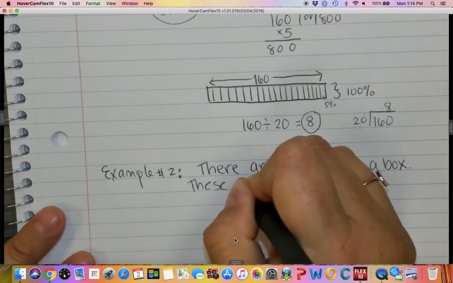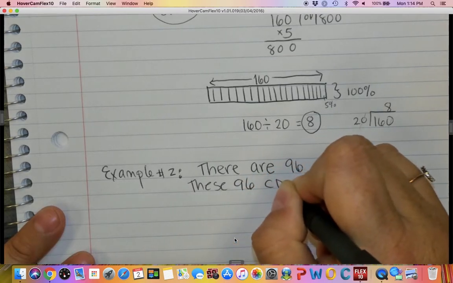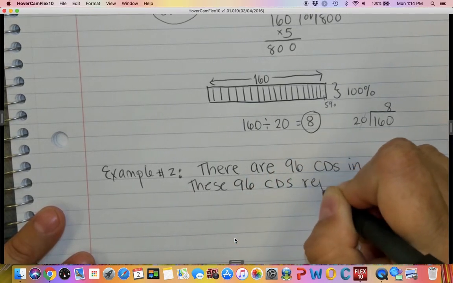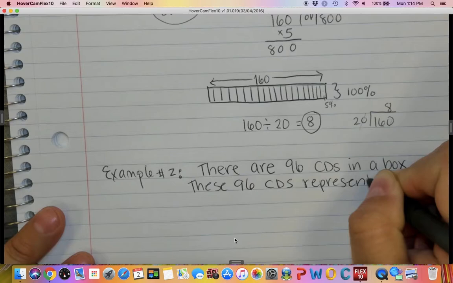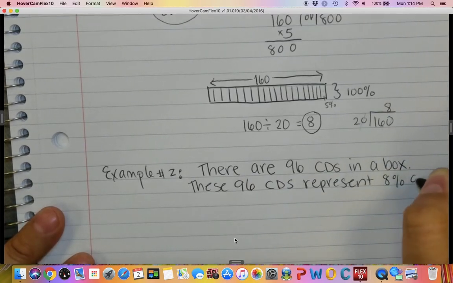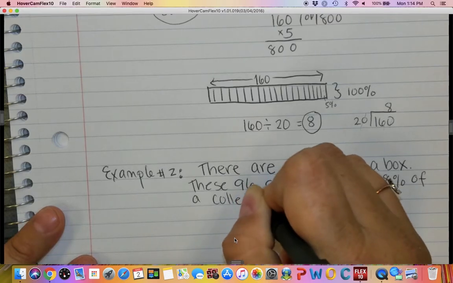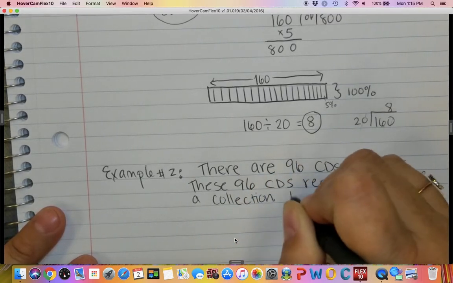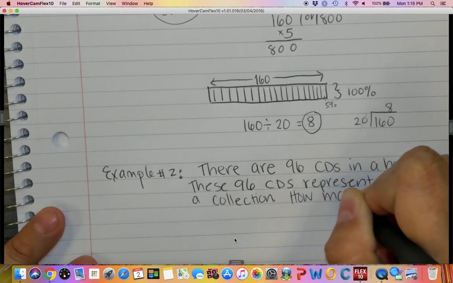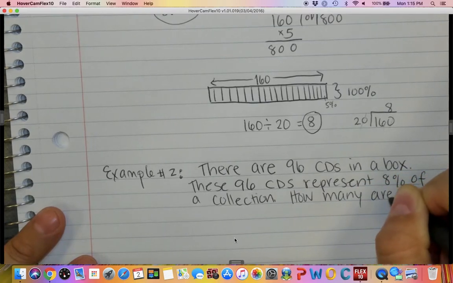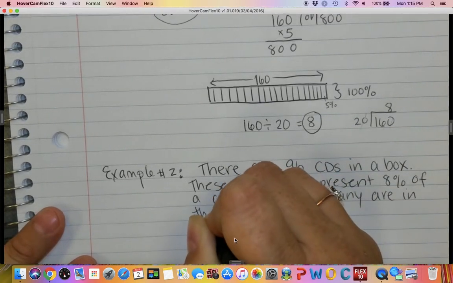These 96 CDs represent 8% of a collection. How many are in the collection?